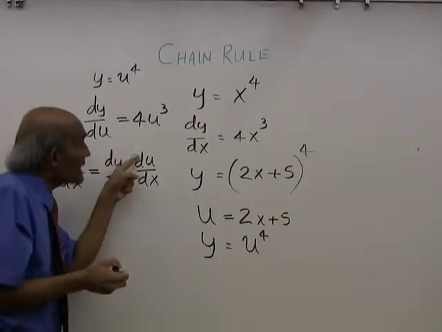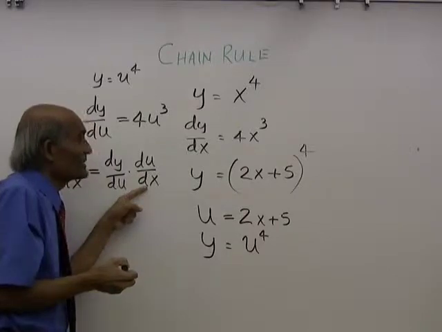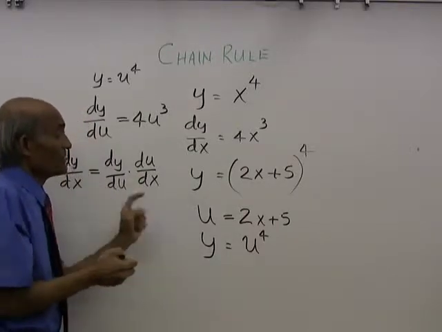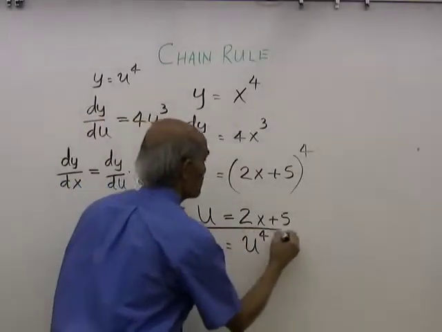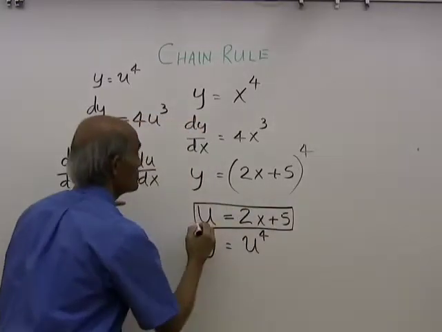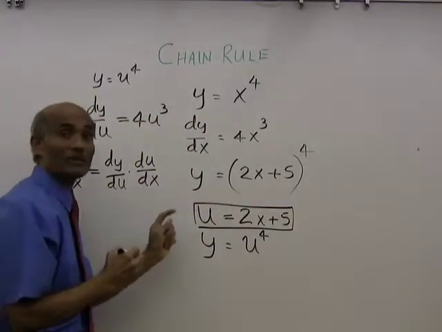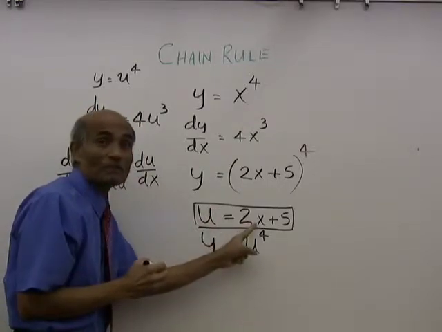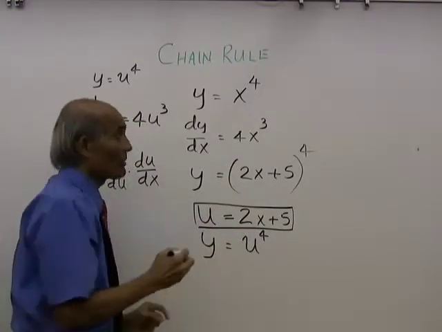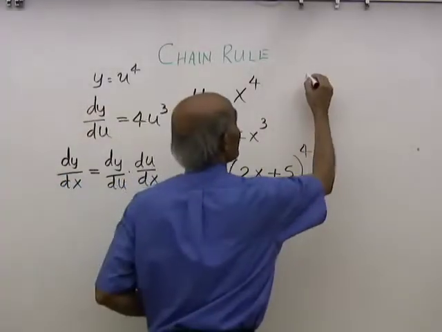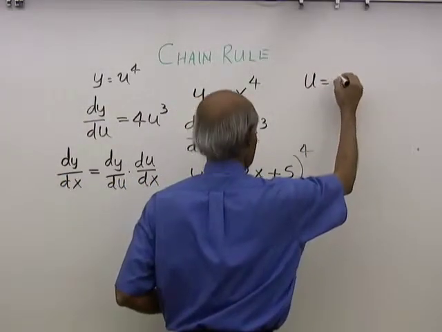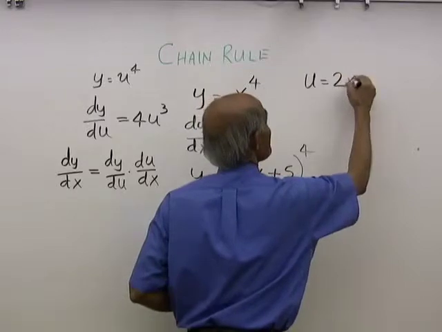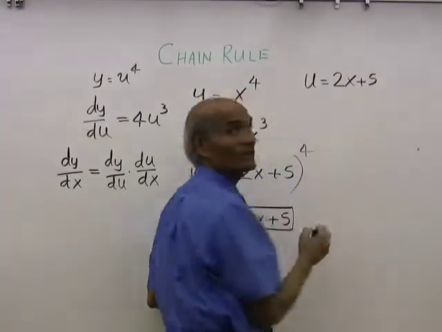Now, where do we get this du by dx? Well, from here, look at this. We have u equal to 2x plus 5. We can find the derivative of u with respect to x. Let me write it over here. u equal to 2x plus 5.